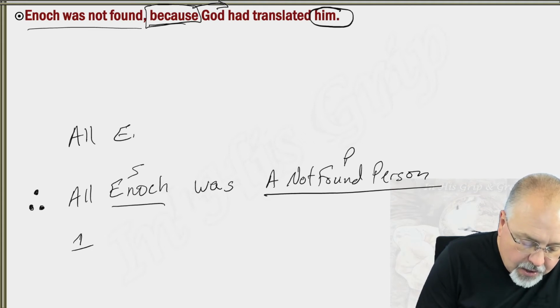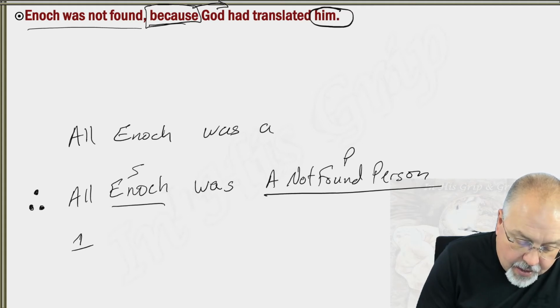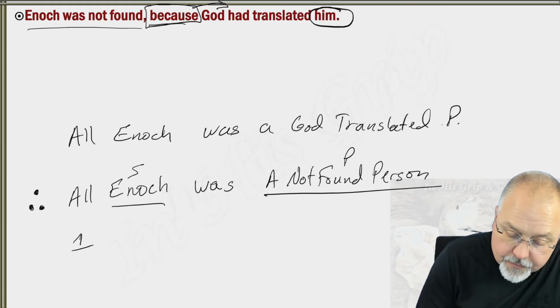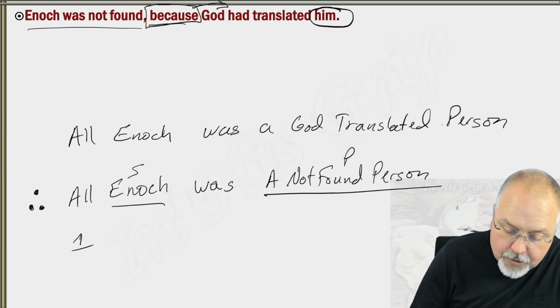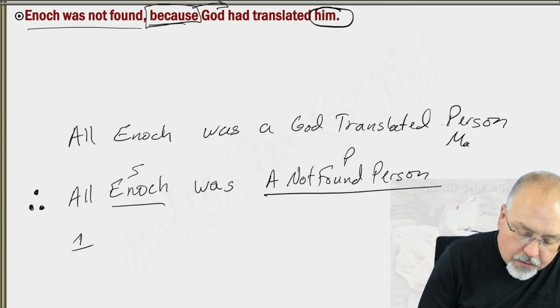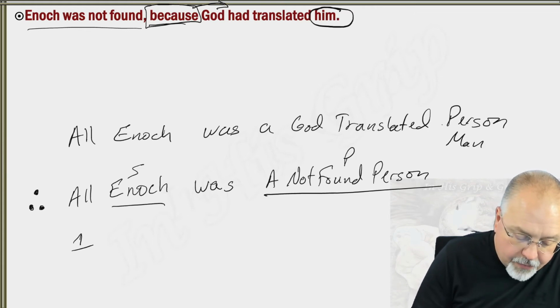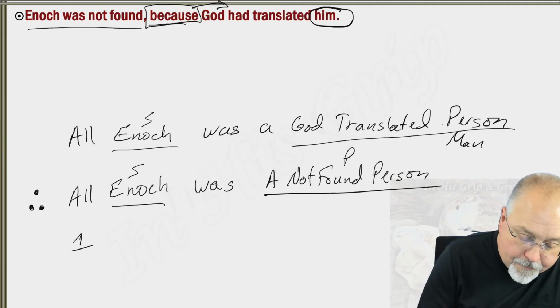All Enoch was a God translated person, right? You do person, man would work, right? So now, here we go. Enoch is S. God translated person is our middle term.